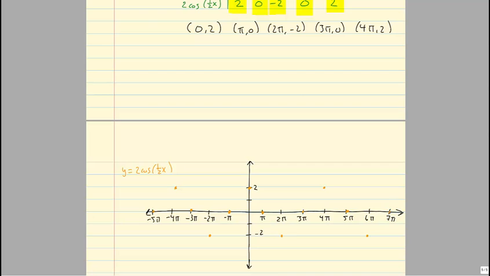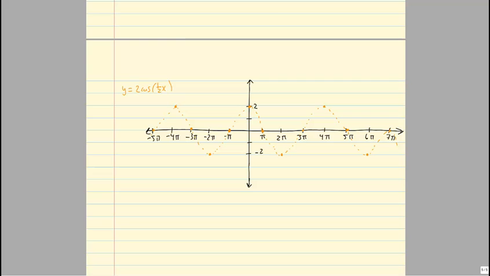Okay, and I'm just going to fill this in with a dotted line, because remember, this is kind of the structure or the framework. And then my next step of the secant graph, anywhere where this graph crosses the x-axis, I have a vertical asymptote.